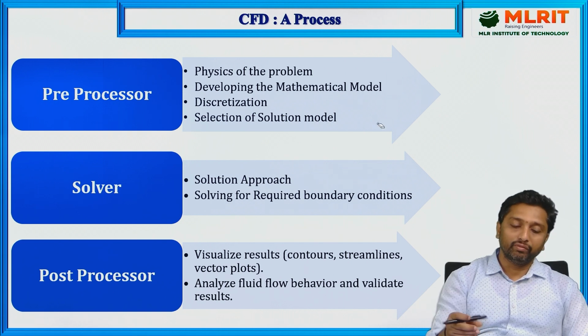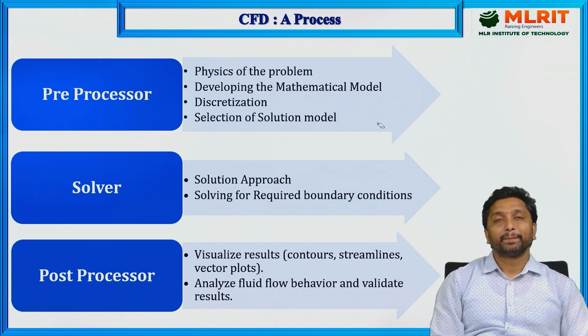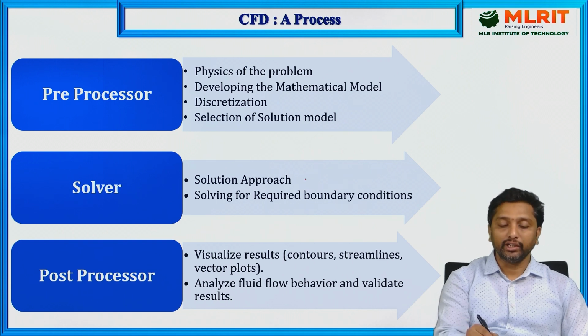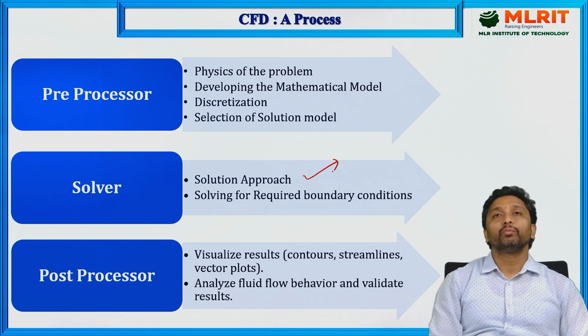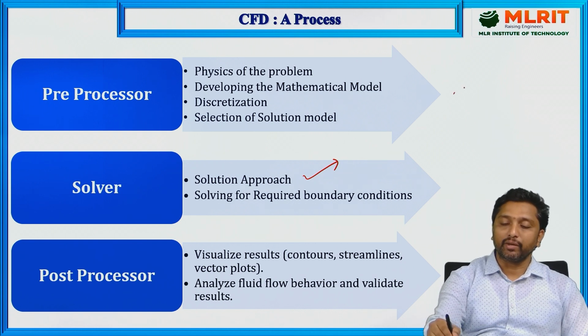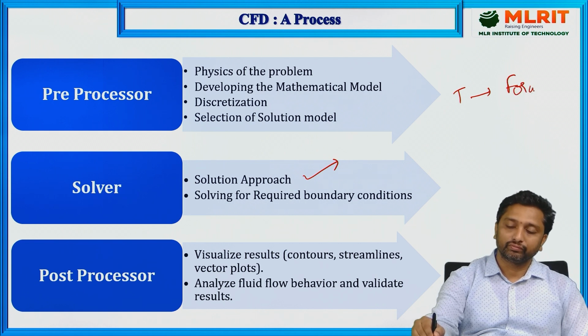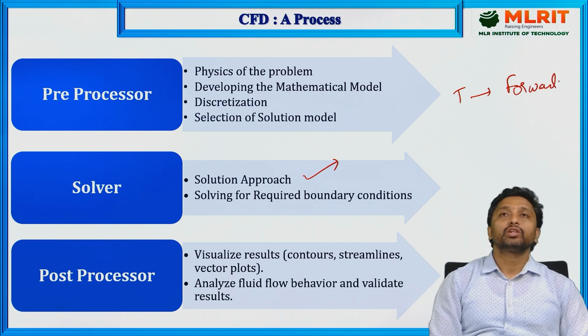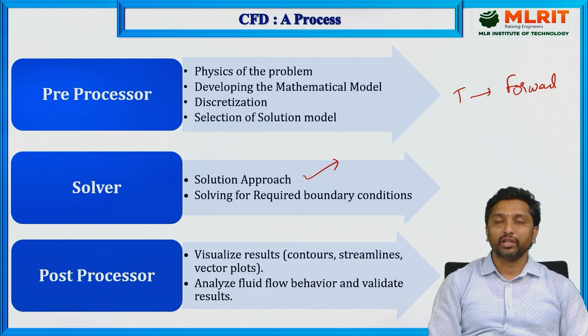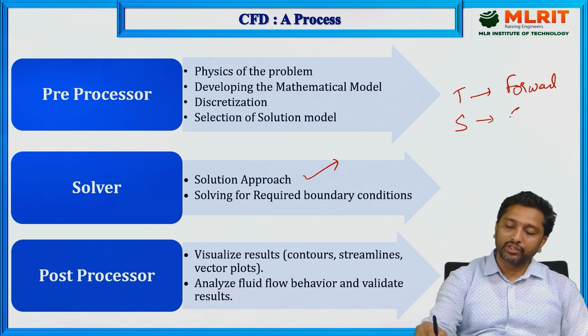Then we have the solver phase. Once we develop the equations, we select the appropriate solution procedure. So what should be our direction? Sure, if it is time, we always go for forward time. Time is always in the forward direction. Space can be central, forward, or backward.